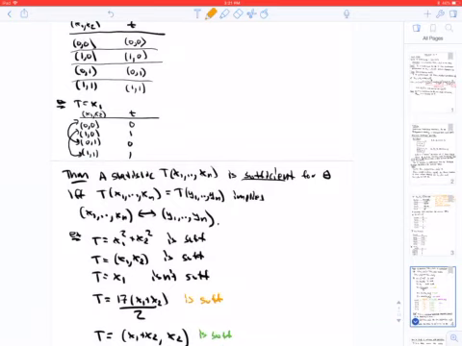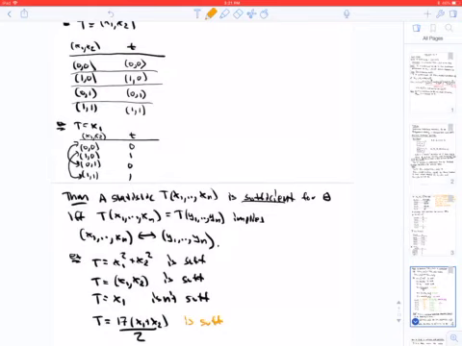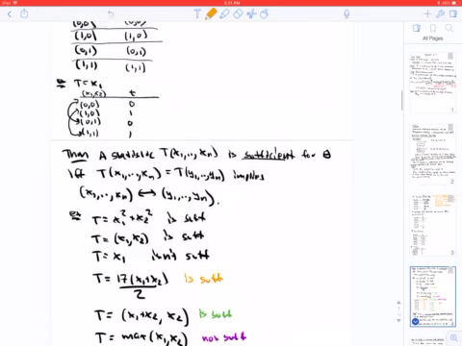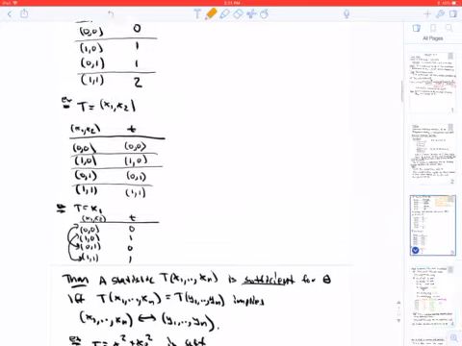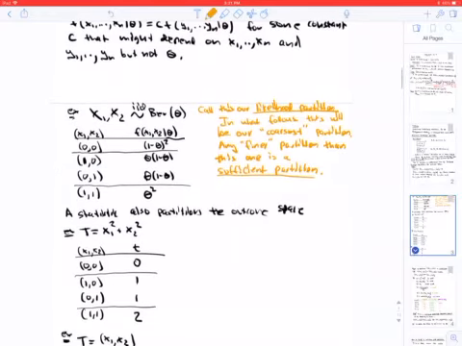Take, for example, T is x1. So now this is a partition, right? (0, 0) and (0, 1) are equivalent here. But as we see from the following definition, this last example is not a sufficient statistic, right? Because according to this definition of sufficiency, (0, 1) and (0, 0) are equivalent under T, but not equivalent under the likelihood partition.